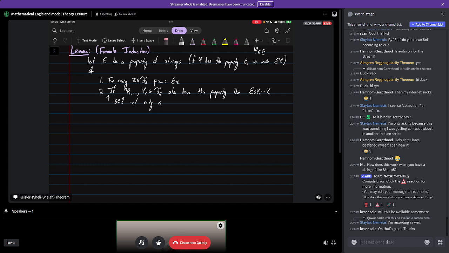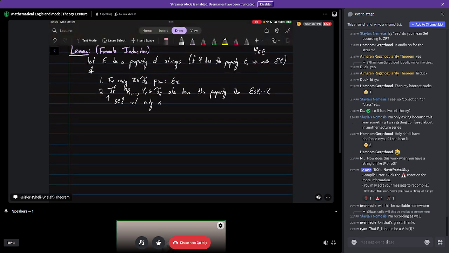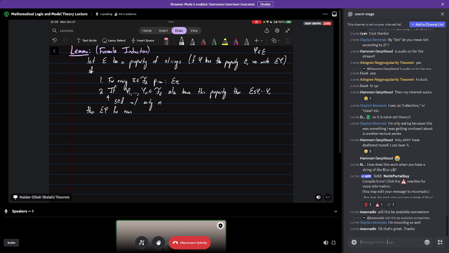So every prime formula has this property, and if phi 1 through phi n are formulas with this property, then S of phi 1 through phi n also has this property. So if the property E has these two characteristics, 1 and 2, then E phi holds for every formula phi. That's what the lemma tells us.